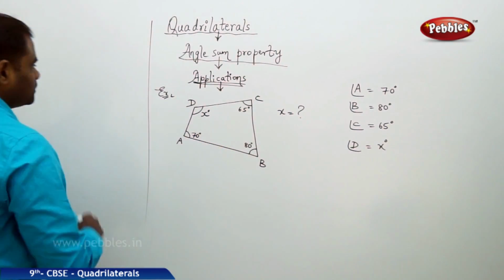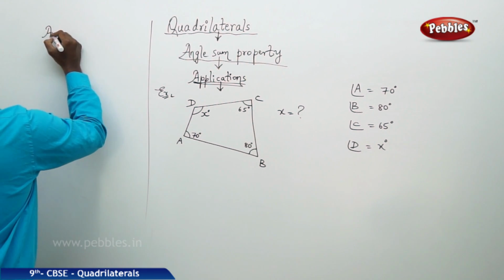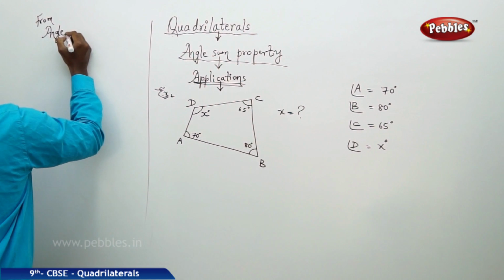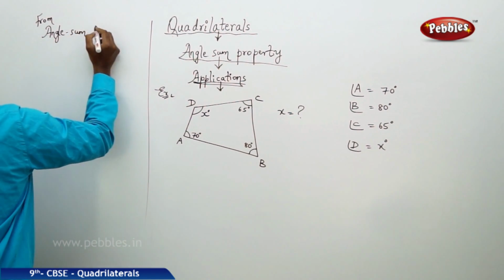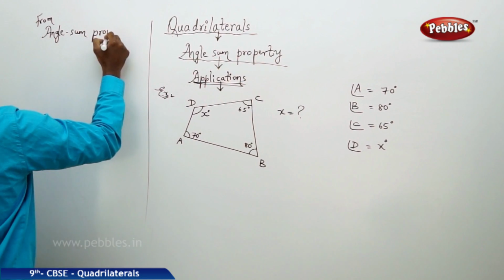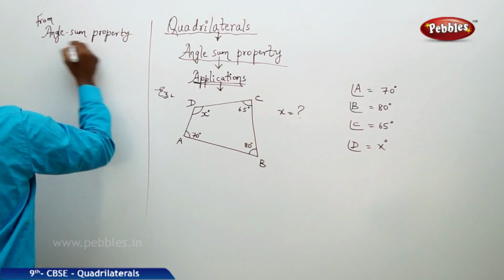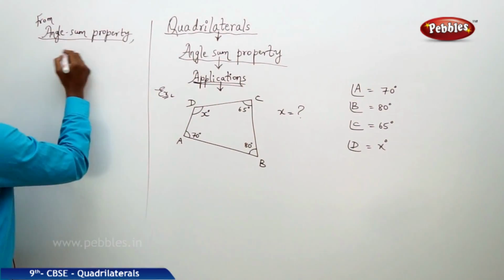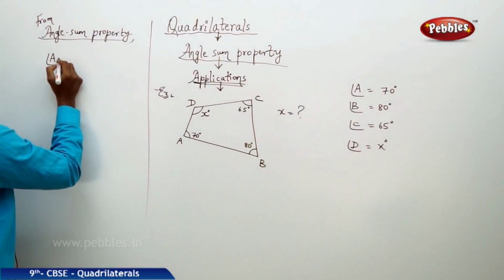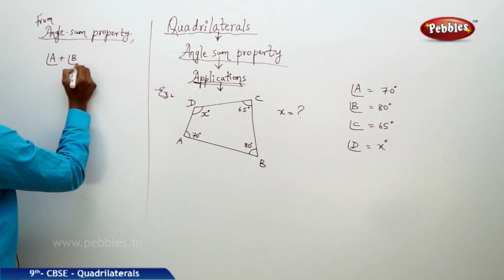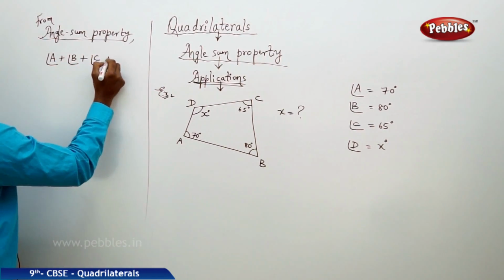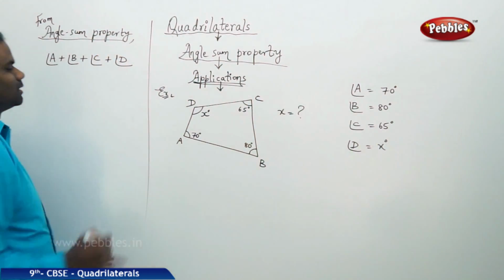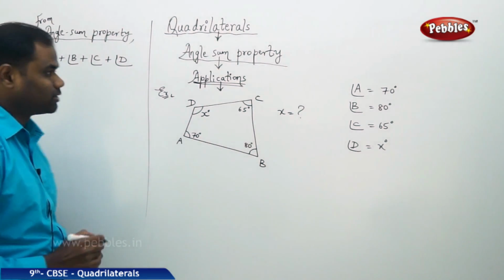Now clearly, from angle sum property, for quadrilateral ABCD, we have angle A plus angle B plus angle C plus angle D, all sum equals 360 degrees.